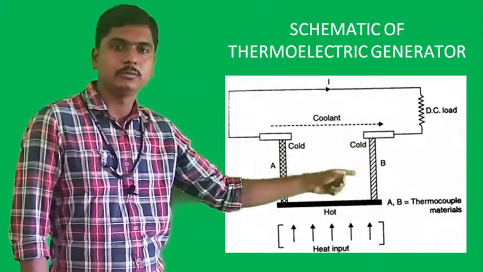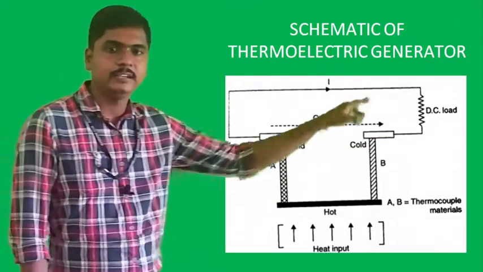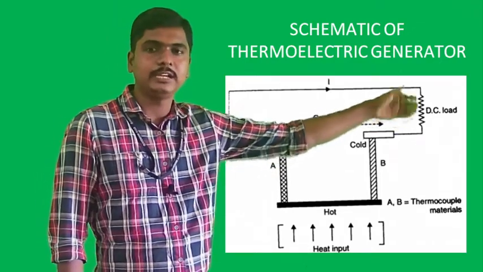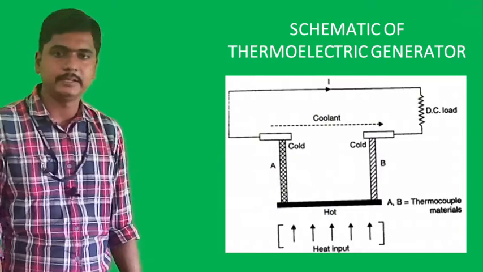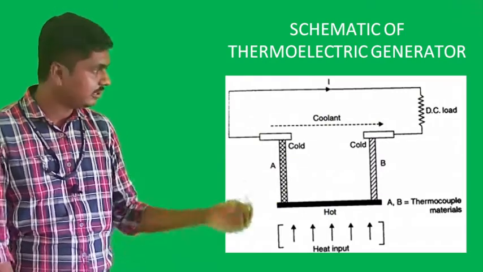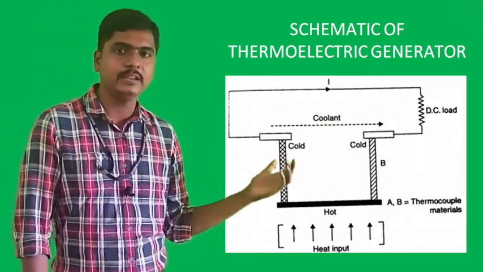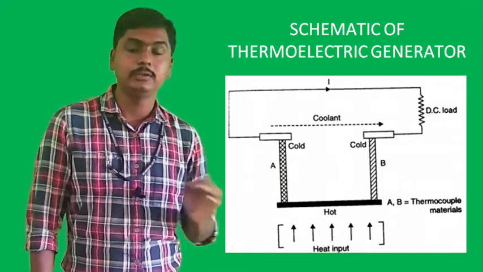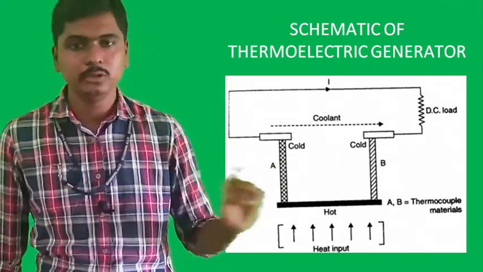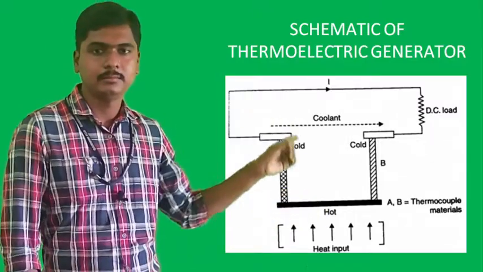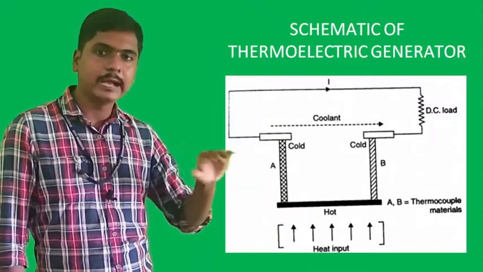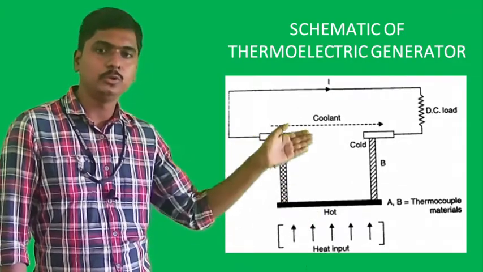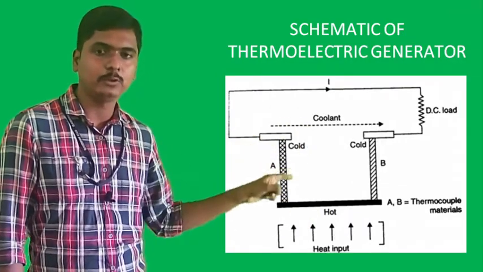If in the external circuit we put some load here, we can get electricity. So this is the simple mechanism behind the thermoelectric generator. What we want is two dissimilar metals, we have to maintain different temperatures for those two metals, and we have to make a loop.